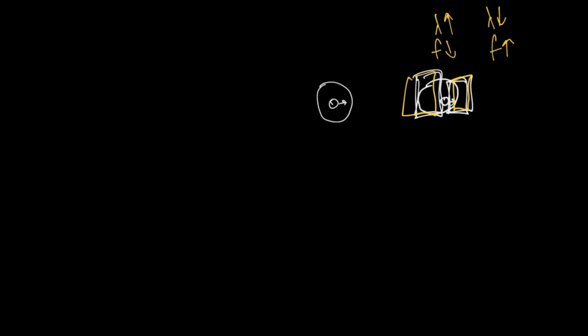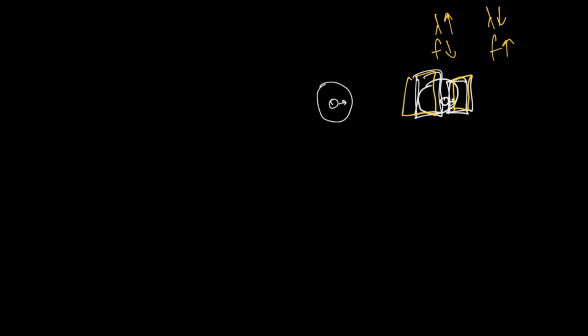And now we will look at the formula of observed frequency in Doppler effect. Basically there are two formulas. Both are the same, just the difference lies in the sign of the denominator, whether it's going to be added or subtracted.